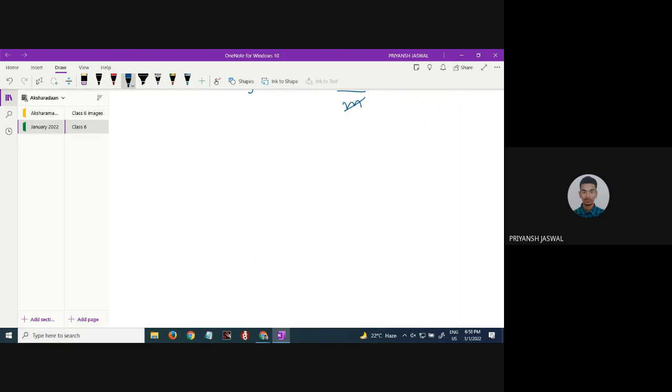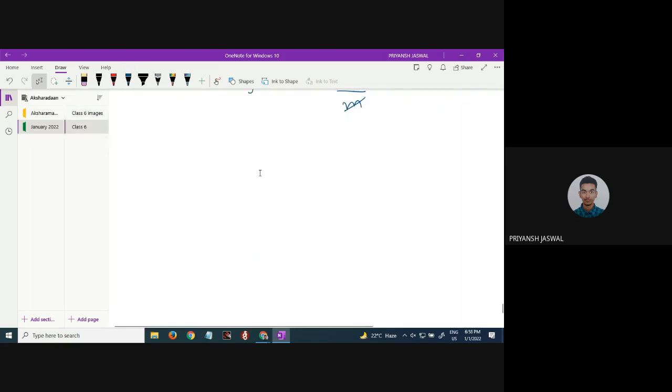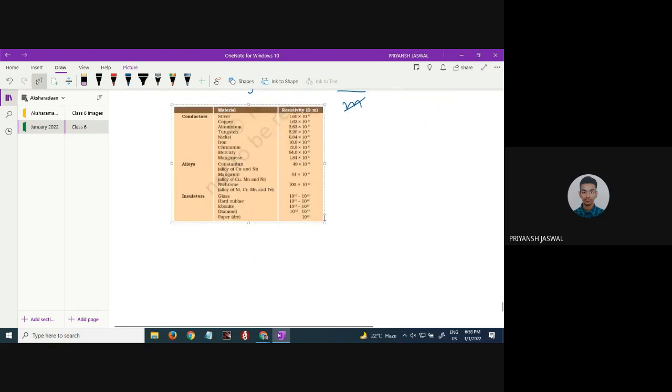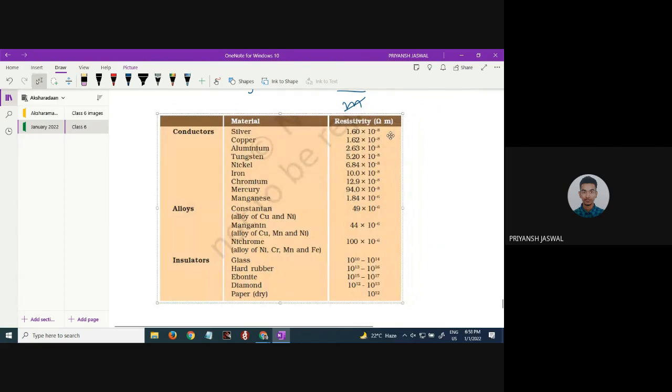Now there are different classes of material depending upon this value of resistivity. Let me show you a table. In this table, resistivity is mentioned for different materials. Depending upon the value of resistivity, which is a property or the nature of the material, we can distinguish materials into different classes.